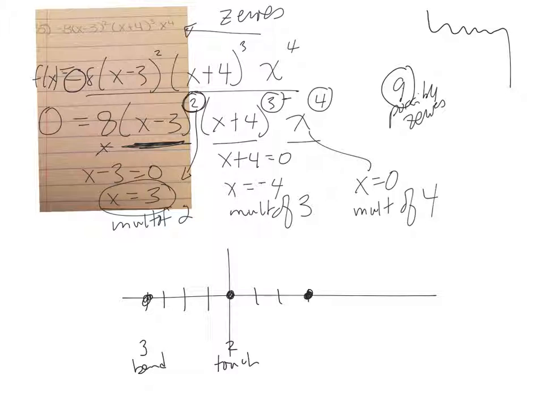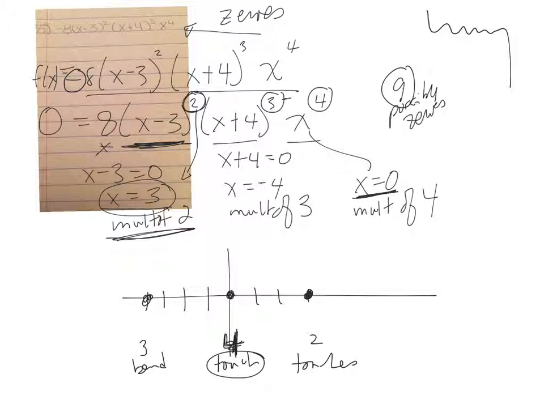And then at 3, it has a multiplicity of 2, so it just touches again.